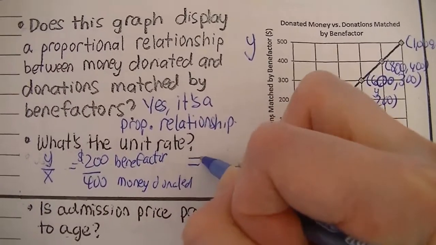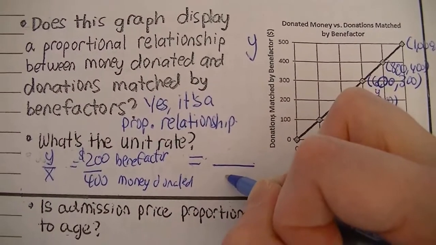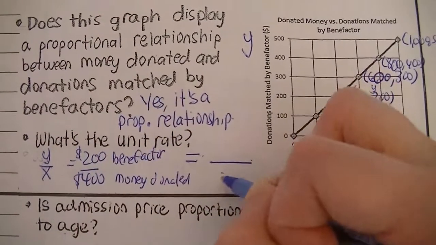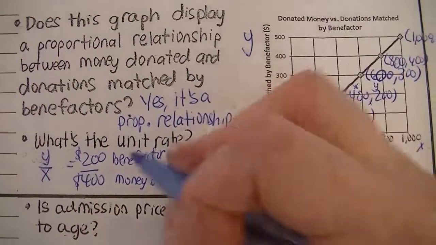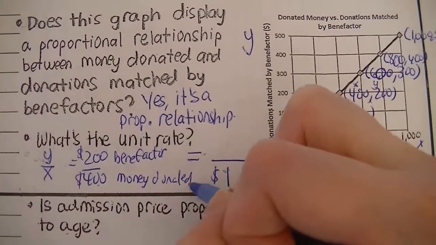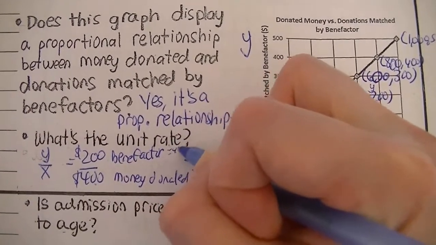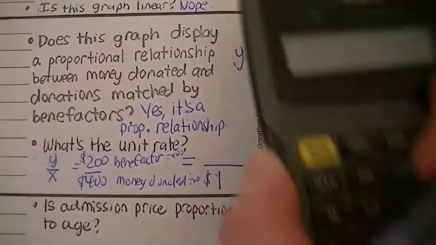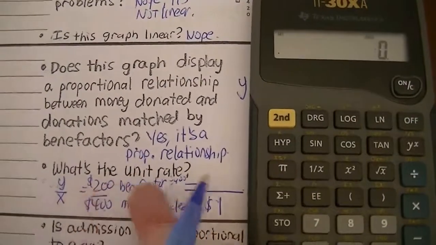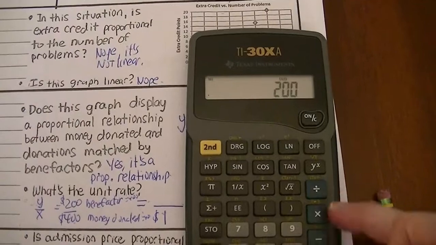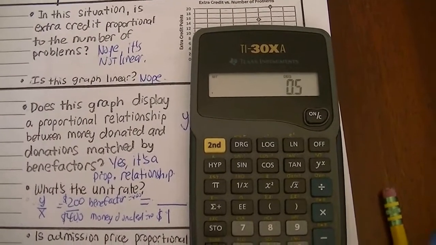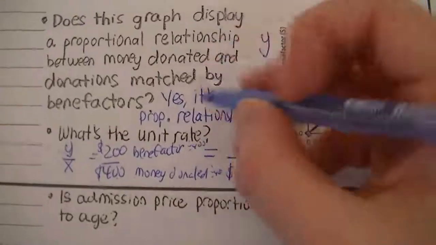Okay, so to find the unit rate, we need to have 1 in the denominator. So 400 divided by 400 gives you 1, so I have to divide by 400. And 200 divided by 400 is 5/10.